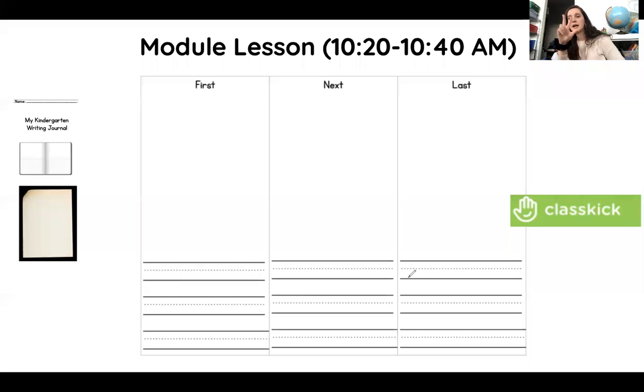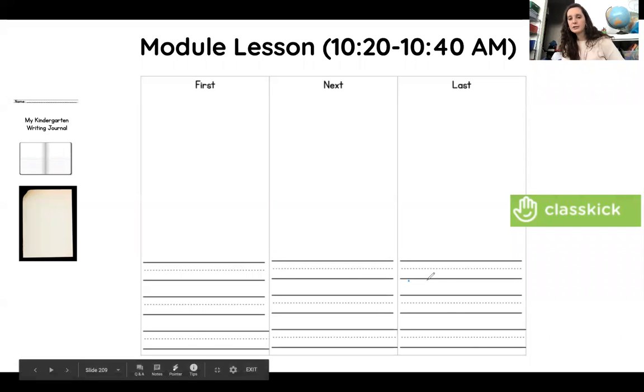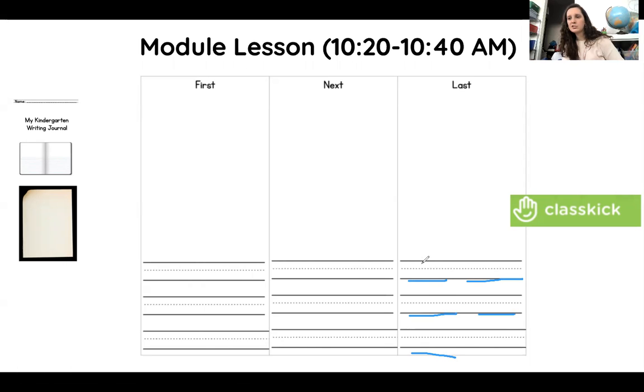She played at the park. That's 5 words, okay? She played at the park. Now I'm going to write each word. I don't know how to spell she, but I hear an S sound and an E sound, okay?